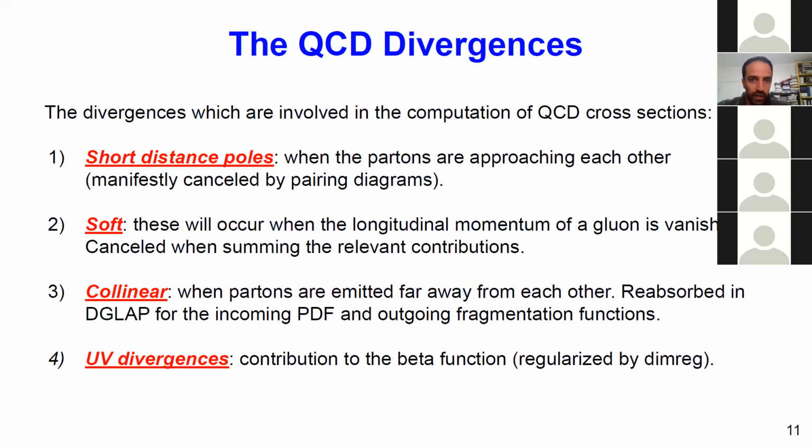The fourth kind of divergence is the UV divergence, which is still not relevant for the current paper that we wrote. It's not relevant for the real contributions, but it will be of great importance for our next paper, on the virtual contributions. Then we have to use UV divergence everywhere to regularize the transverse integration of the momenta.